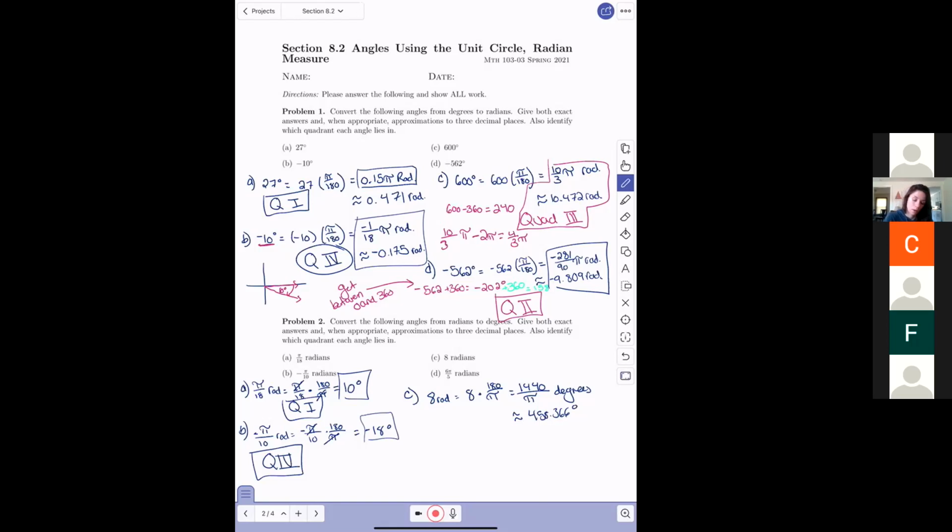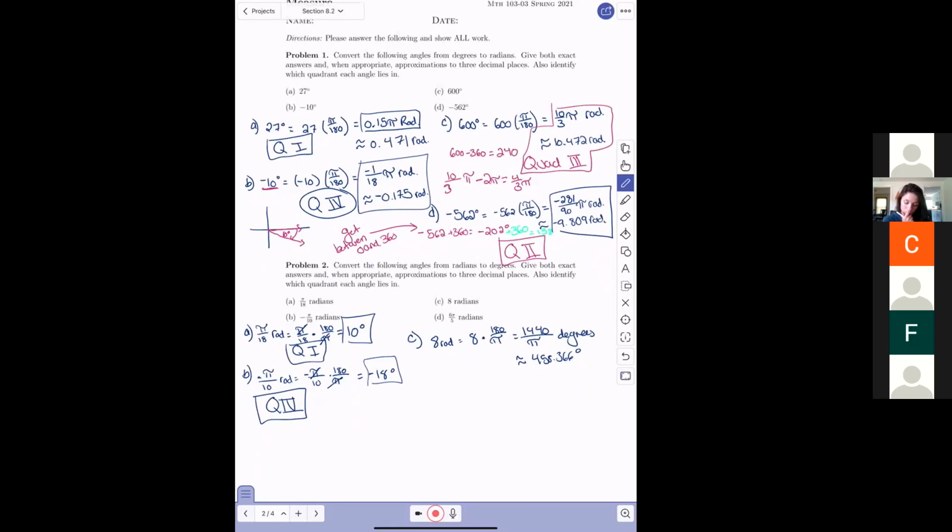Okay. And to figure out which quadrant it's in, it's probably easier to work with the degrees. We have 458.366 degrees.